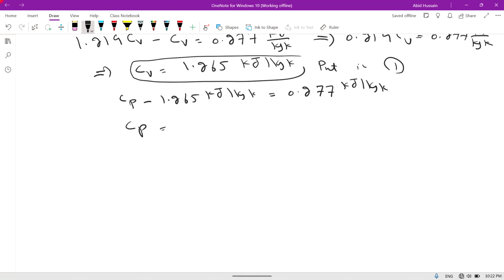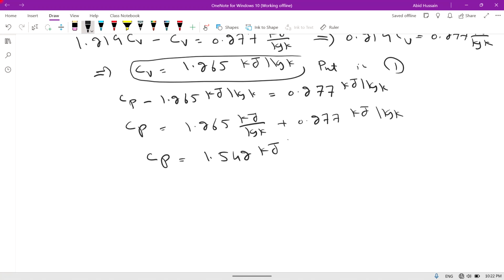So Cp is equal to 1.265 plus 0.277, which is 1.542 kilojoule per kilogram per Kelvin. This is the value of Cp.